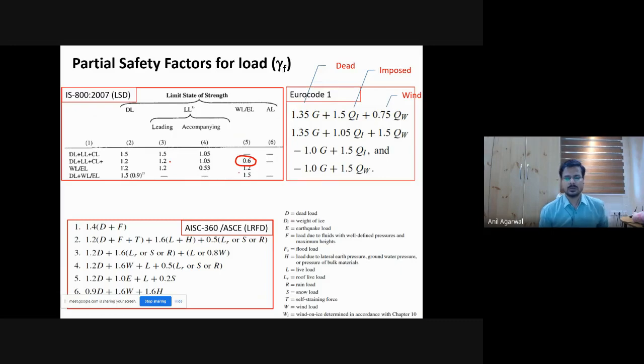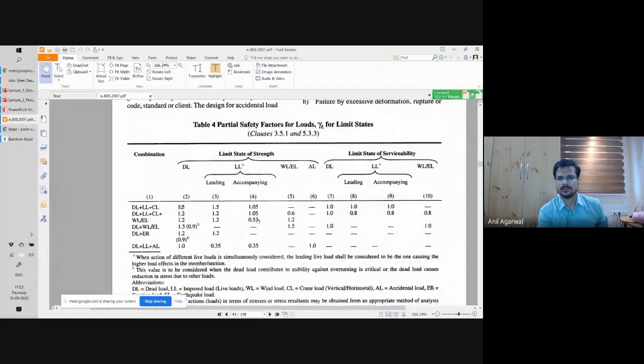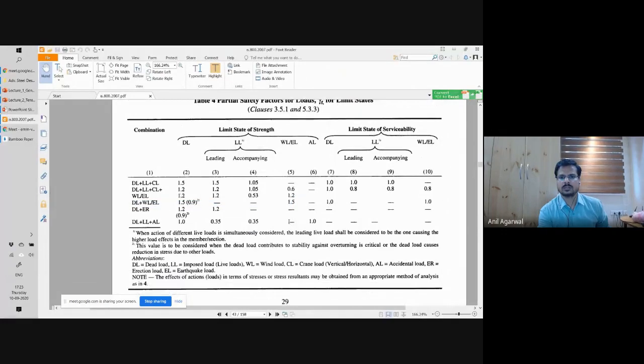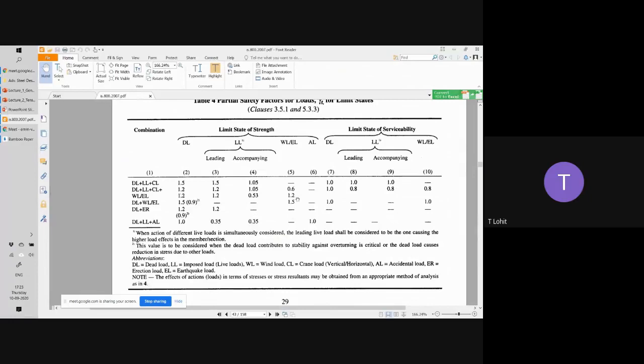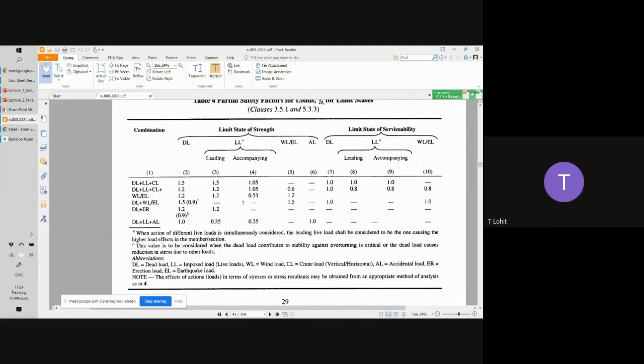Or I think there was another combination. When you take the full wind load or earthquake load, then you don't take any live load. When you take 1.5 times the wind load, then you don't take any live load, because the probability of a very heavy earthquake hitting when you have a very heavy live load acting on the building is very, very low. Yes, sir, I got the point.